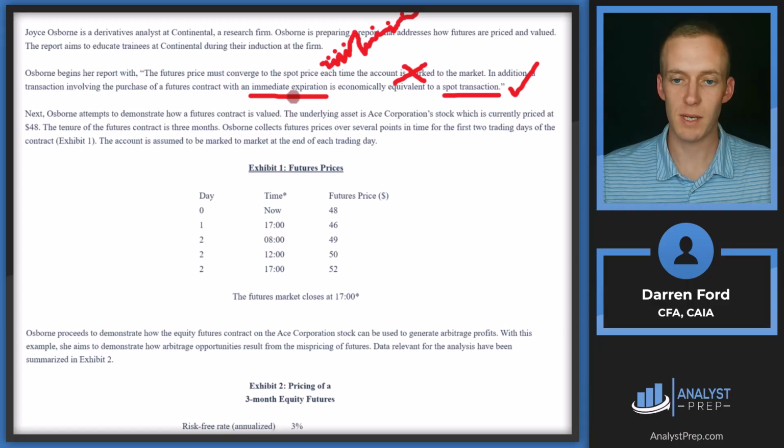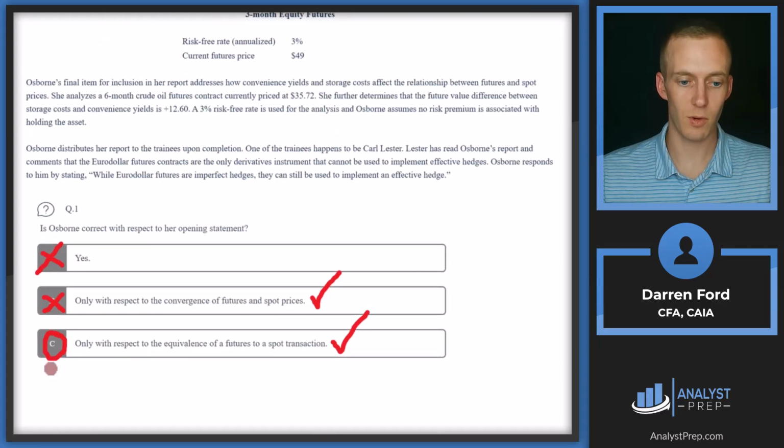Which, if they could do that, that would be risk-free. And so what happens is the market makes it not risk-free by bidding that up. So it is equivalent. So that second part is correct, and we'll go with answer C.